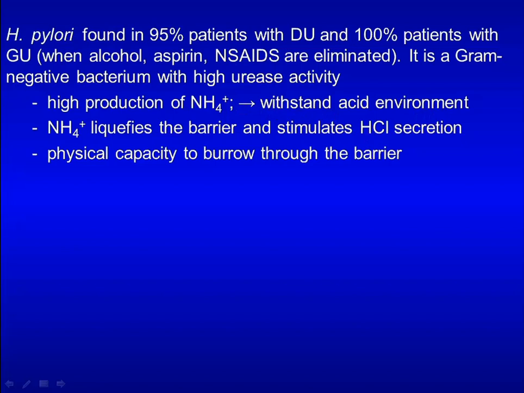Ammonium liquefies the barrier and stimulates hydrochloric acid secretion. The bacteria has the capacity to burrow through the barrier. As a result, gastric acid can penetrate into the underlying epithelia and digest the gastrointestinal wall, leading to peptic ulcer.